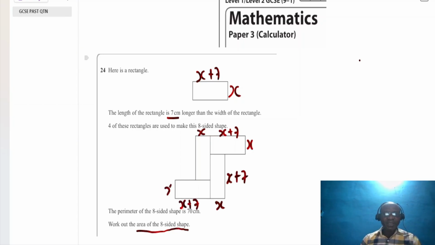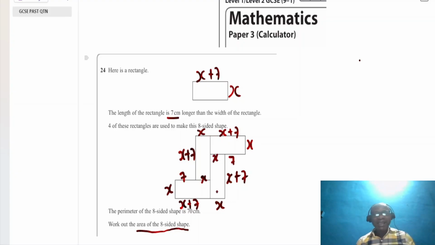Here is x, so this place is going to be the plus 7, because already inside here is x. We are not going to use the inside in the perimeter. Now, this place is x plus 7. Now that I have listed all the sides, look at the place remaining. This place also is going to be 7, while the inside is going to be x.